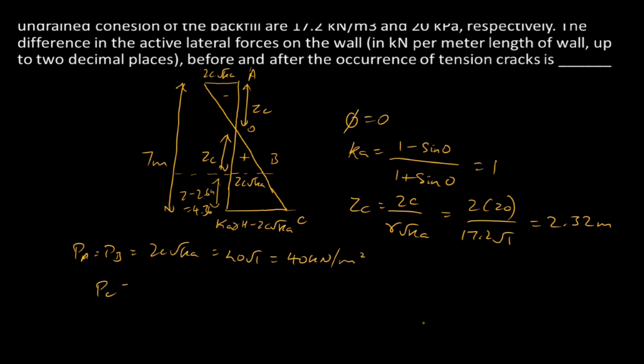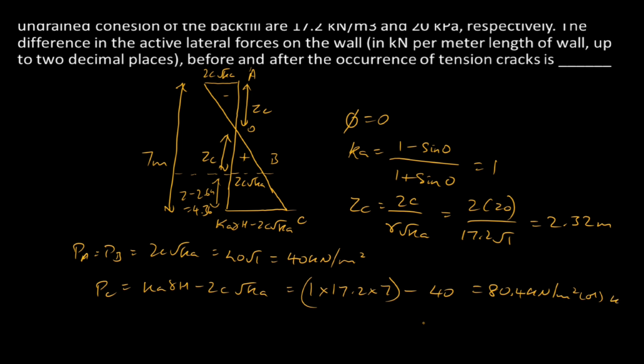So the value of PC will be equal to Ka gamma H minus 2C root Ka. So 1 into 17.2 into 7 minus 2C root Ka, which is 40, will give you 80.4 kilonewton per meter square or kilopascal.